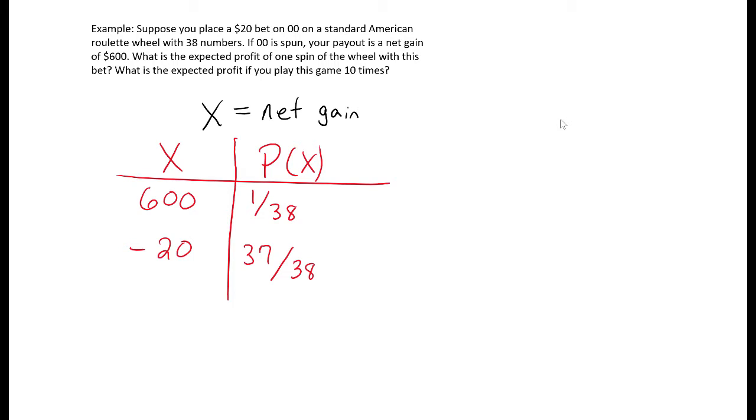All right, very important. So now once we have the actual probability distribution constructed, we can go in and calculate the expected value. The expected value, which is the same thing as the mean, is the summation of your data value times the probability that you get that value.